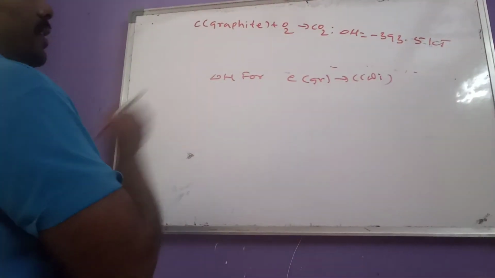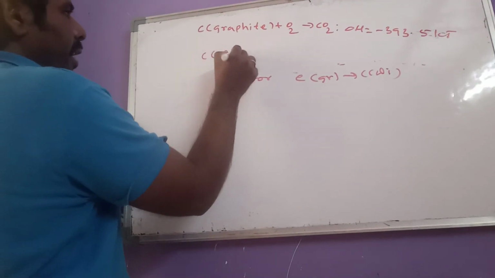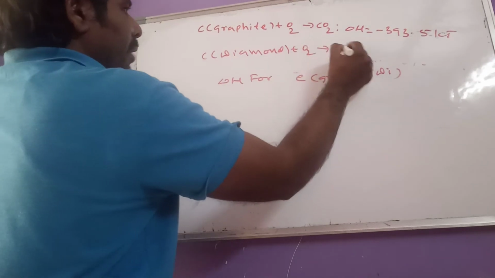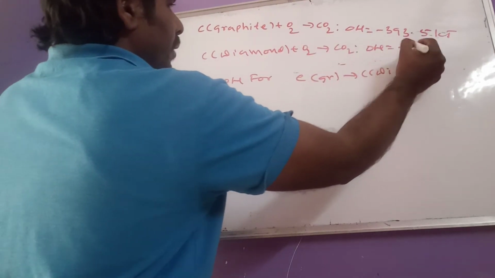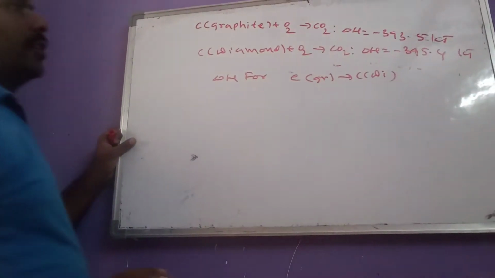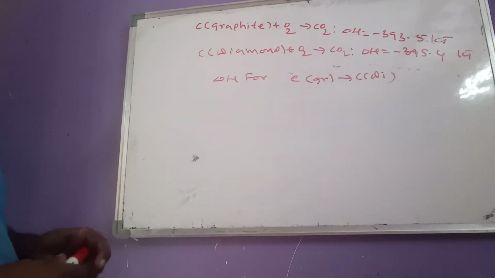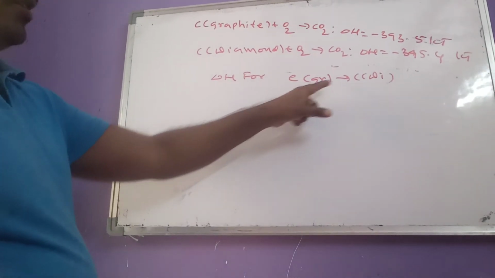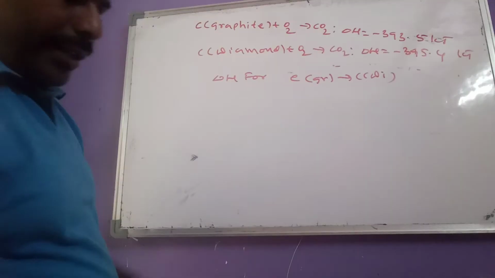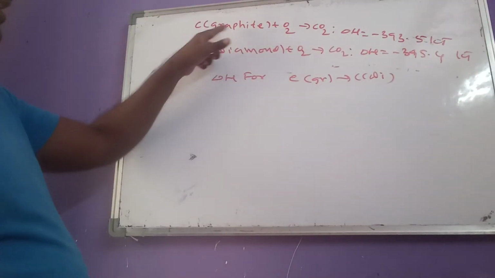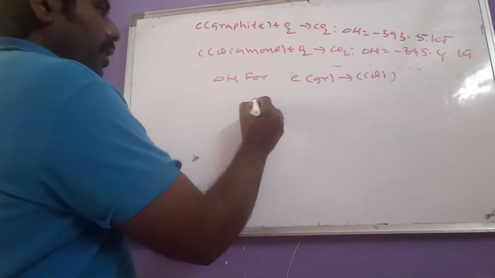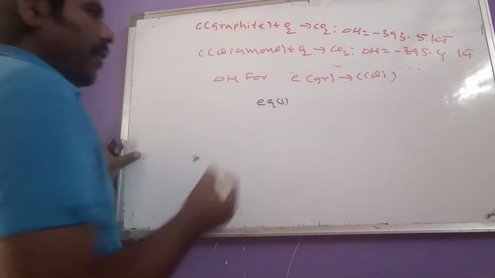Let us see here. First, C diamond plus O2 gives CO2, delta H value minus 395.4 kilojoules. So how to solve this type of question? See here. Now, in the required equation, graphite is present in left hand side. In the given equations also graphite is present in left hand side. So as it is, we have to write equation 1.